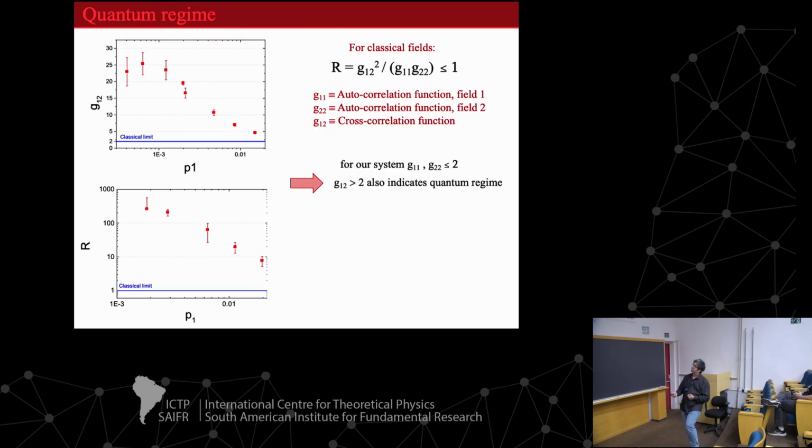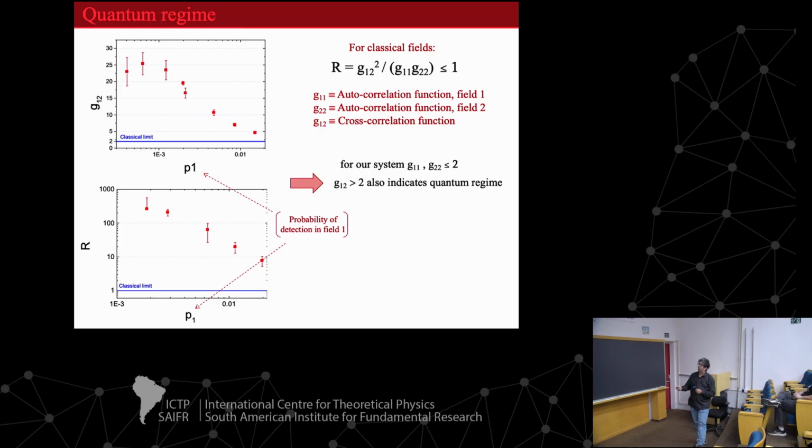And these are some results that we got right for the quantum regime in our system, so we can have a G12 up to 30. We didn't optimize a lot. We just want to make it work. And then with this R factor that should be above 1 for the classical limit, you can get more than 100 here. This is the quantity that I discussed in the last lecture, these cross-correlation functions and the autocorrelation functions in each of the fields.